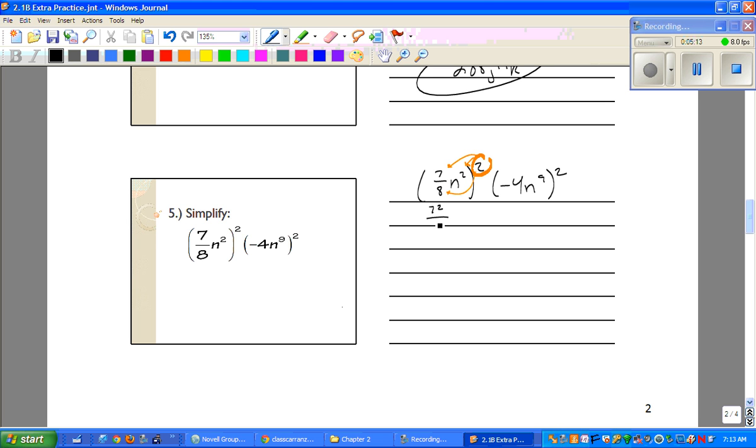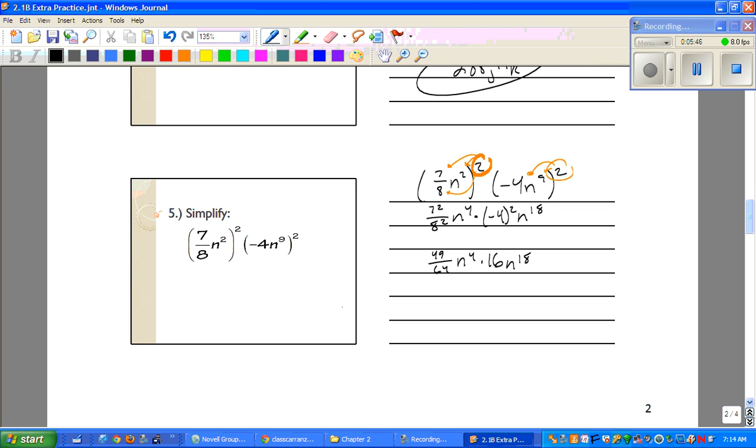So 7 squared over 8 squared n to the 4th. And you're going to distribute the 2 as well. And that goes to the negative 4 squared n to the 18th. And remember that we're multiplying those guys, so let's go ahead and simplify real quick. 49 over 64 n to the 4th. Negative 4 squared is 16.